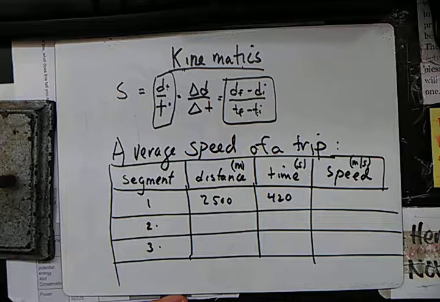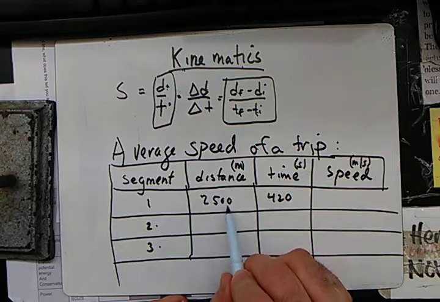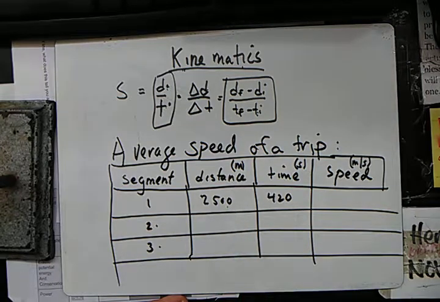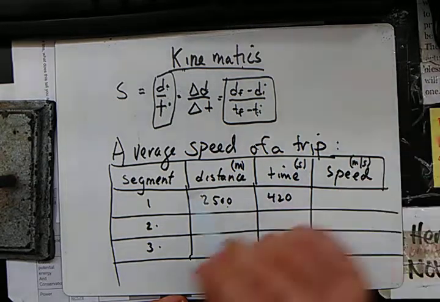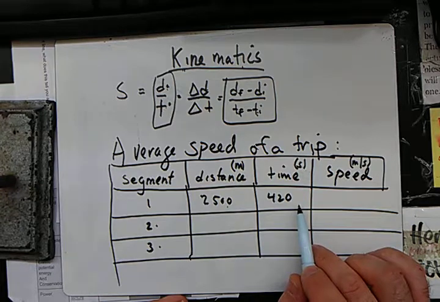Now, generally, I would say it takes 7 minutes, but I've already changed that to seconds. And the 2,500 meters would be written as 2.5 kilometers, but I already changed it to meters. So you finished the first segment of the trip.